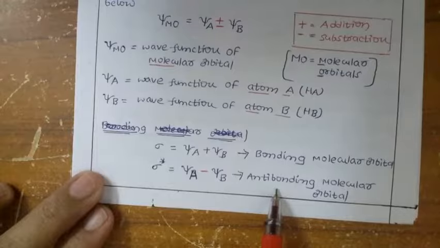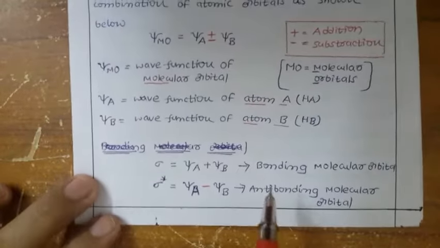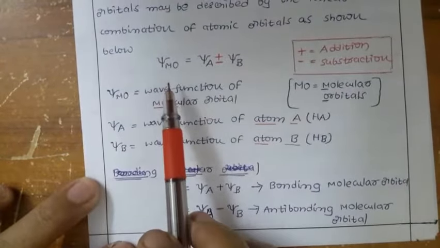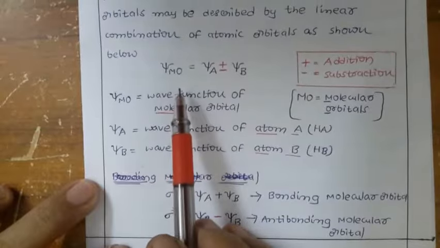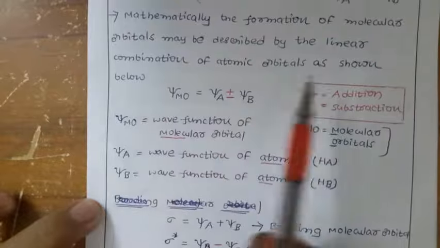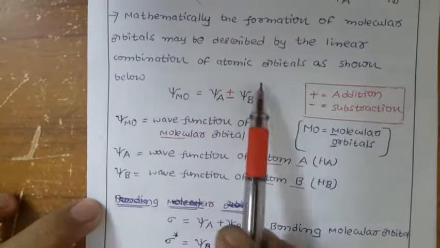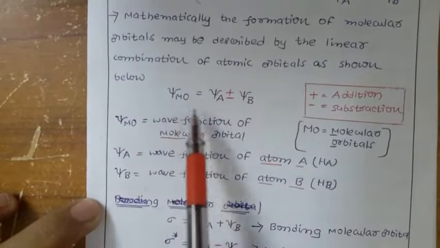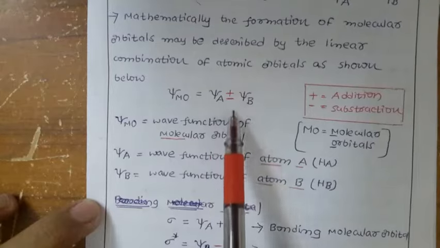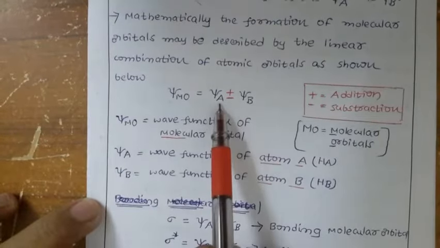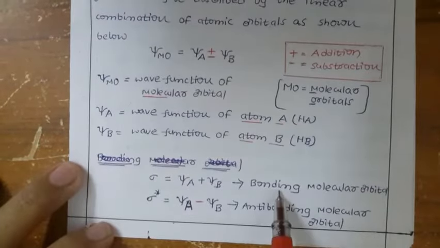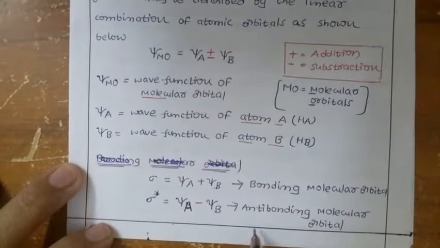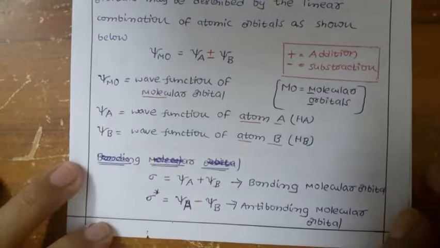So what we are doing here is showing the formation of molecular orbitals mathematically by using the linear combination of atomic orbitals: psi MO equals psi A plus or minus psi B. With addition you get the bonding molecular orbital, and with subtraction you get the anti-bonding molecular orbital.